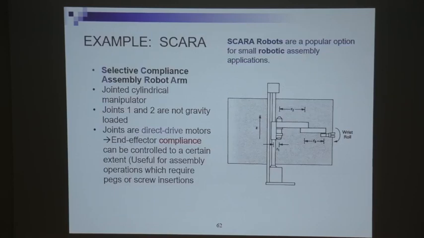Let's look at specific robot systems, a SCARA. This is a popular option, an example, for small robotic assembly operations. It stands for Selective Compliant Assembly Robot Arm. The Z-axis is rigid, so you move around the Z-axis in one direction, and then you have X and Y compliant.